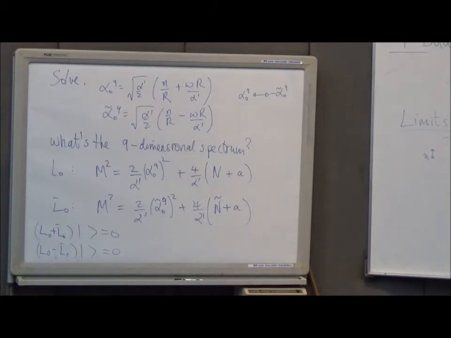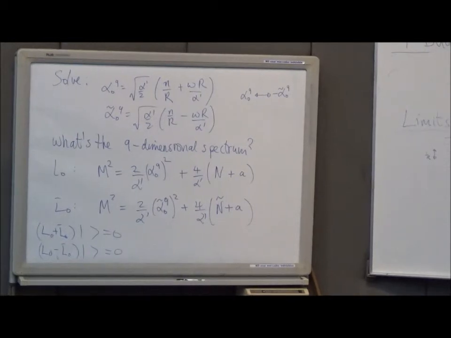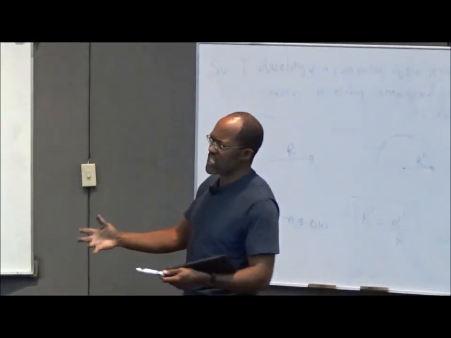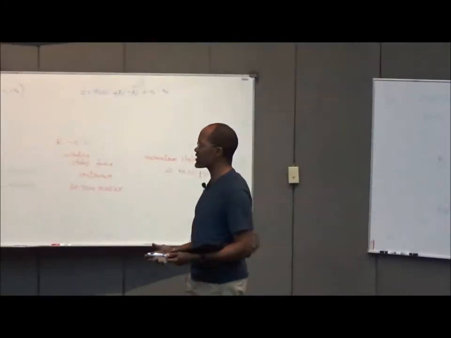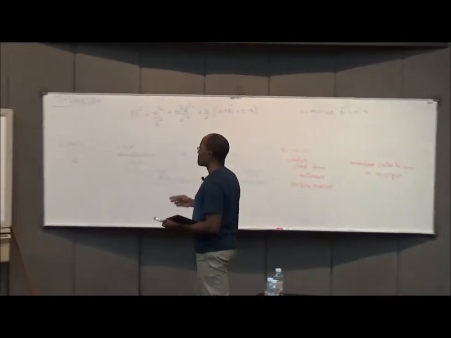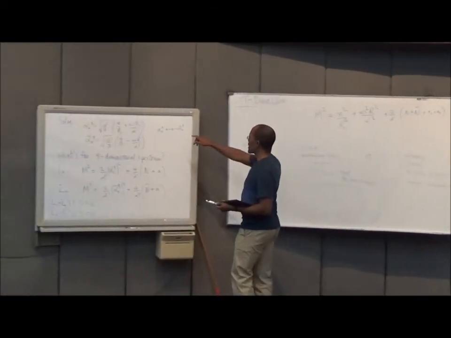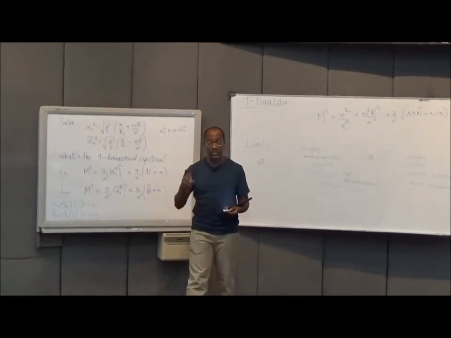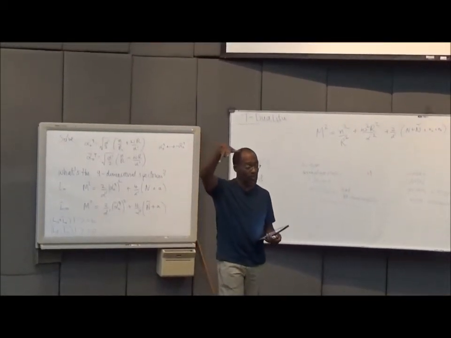Now actually, if you carry out any of the string computations that you've been instructed to think about with regard to important scattering amplitudes and things we might calculate in string theory, that minus sign actually doesn't matter. If you look, for example, at the stress tensor, it comes with pairs of these things.